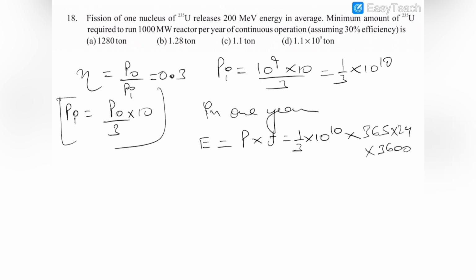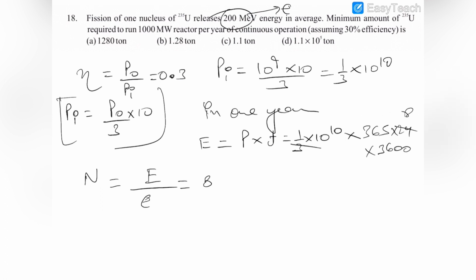So this is the total time in 1 year in seconds, and this is the total energy required. So we know that the number of uranium nucleus required would be the total energy E, which is this one, divided by the energy released by a single fission. So let us say that this energy is E.